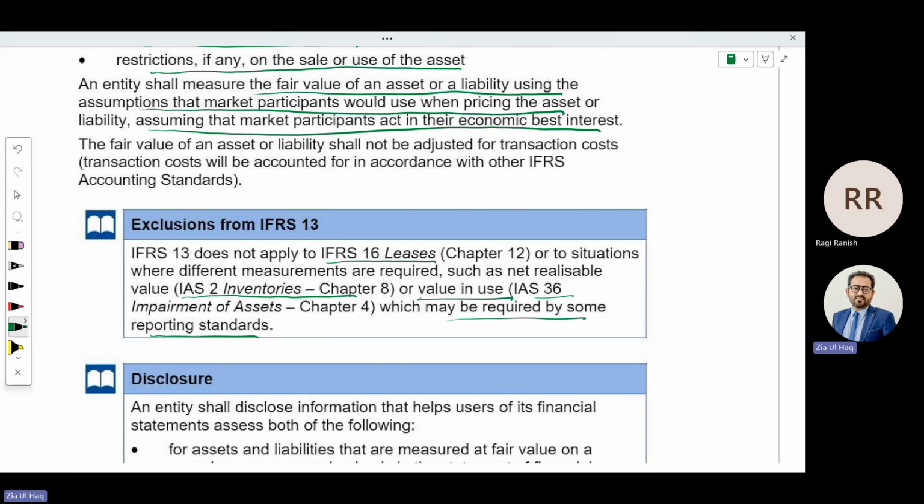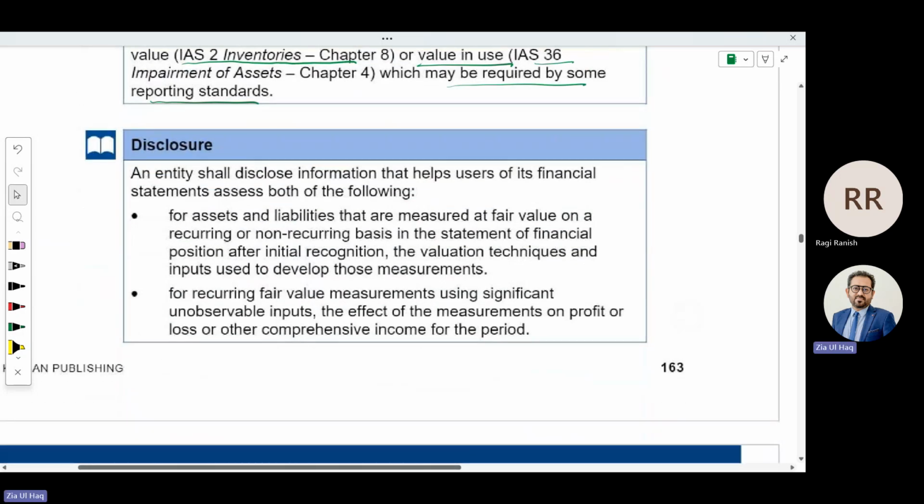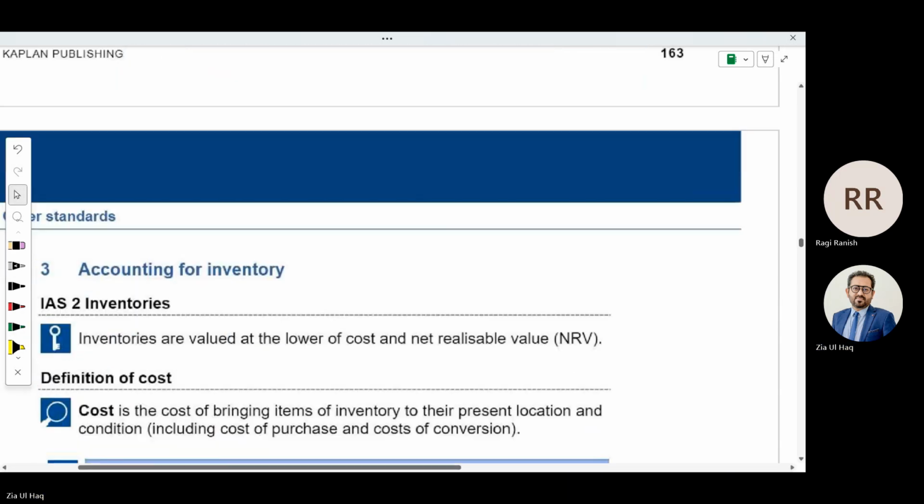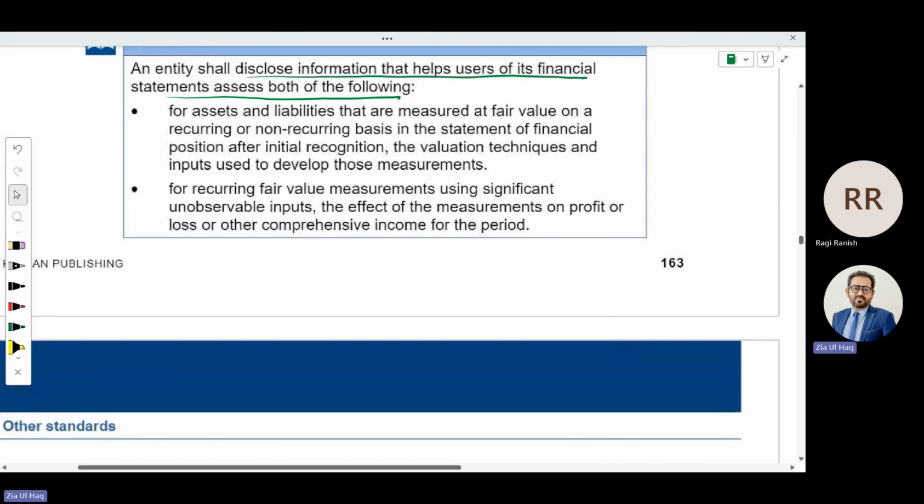While calculating impairment, especially value in use, this standard will not apply. While calculating lease amounts, this standard will not apply. We know level 1, level 2, level 3 methods are used. Disclosure: an entity shall disclose information that helps users of the financial statements assess how fair value is measured, so you need to disclose that as well. This standard is also completed.